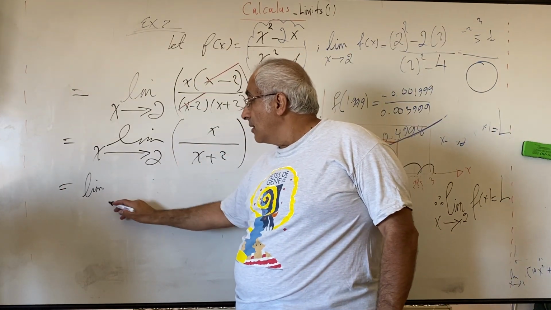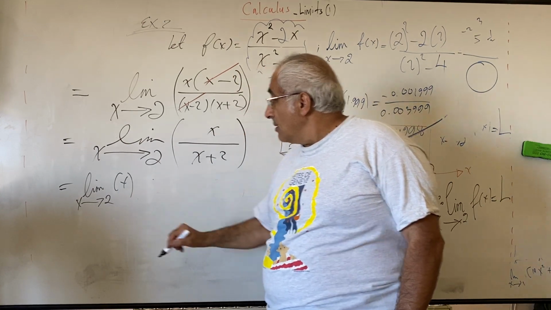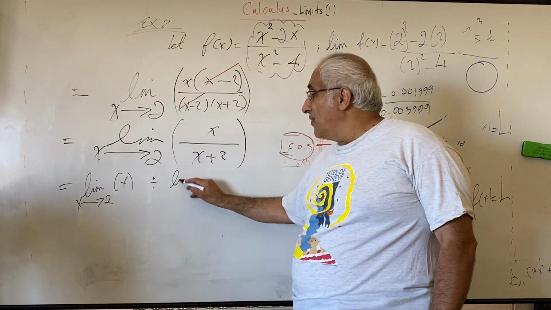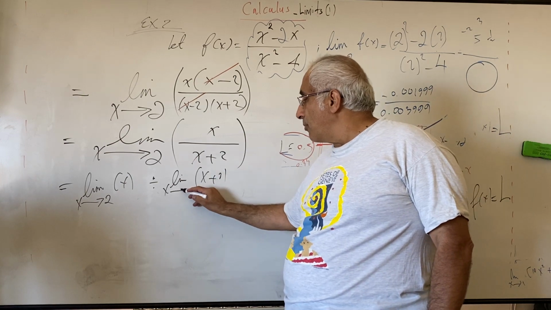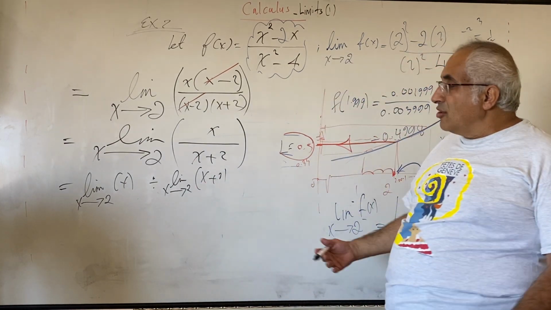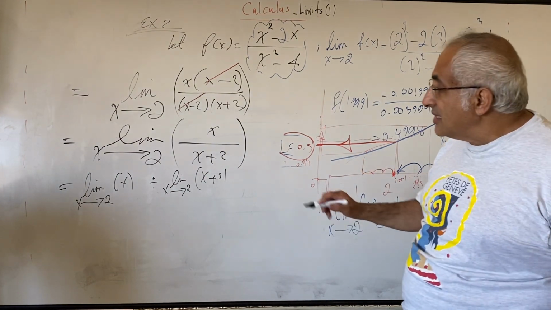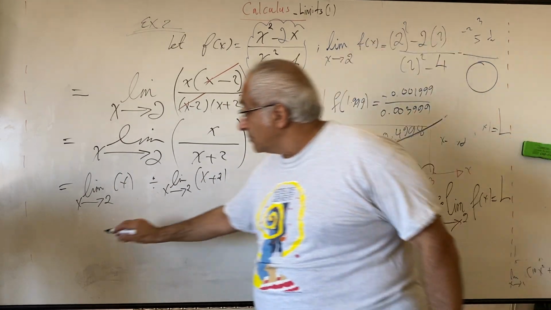The limit as x goes to 2 of x alone, divided by the limit of x plus 2 as x approaches 2. I'm trying to explain the rules that are written in this next section, it's the same thing because they're both coming together.